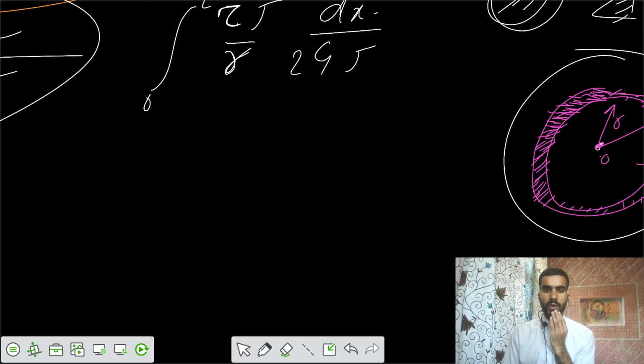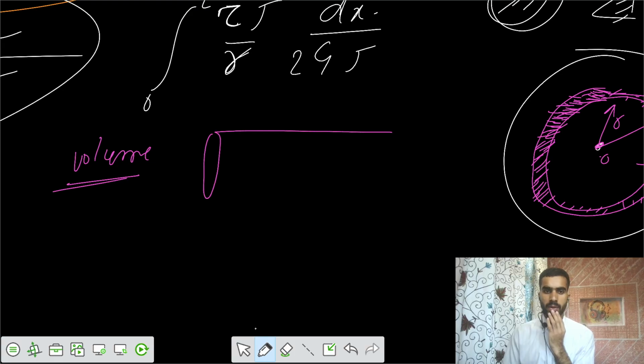Do you know what's the volume of that strip? Can you tell me? For the entire length, there's some strip. Can you tell me what's the area of that?